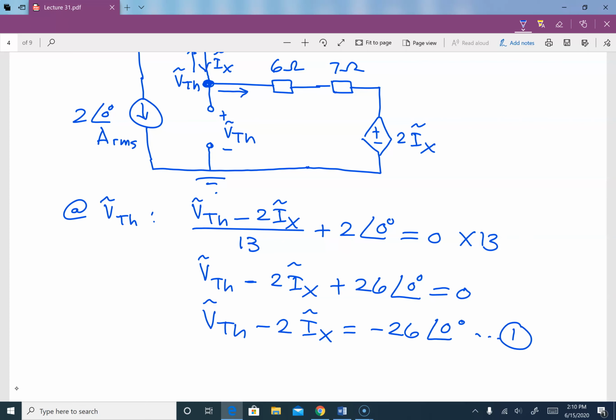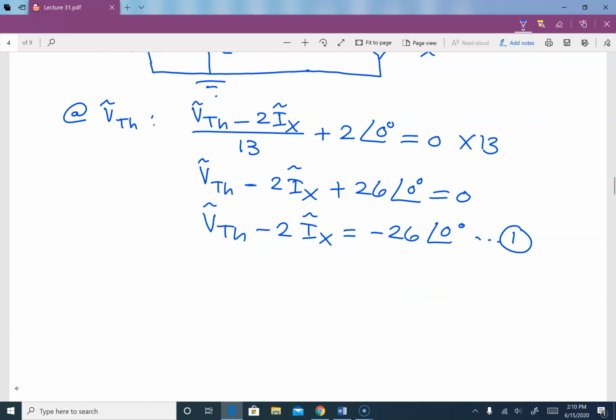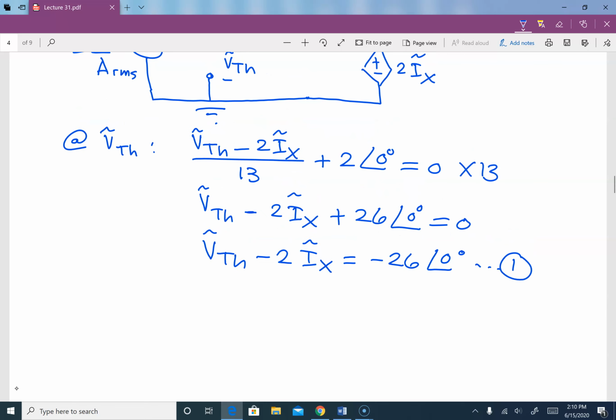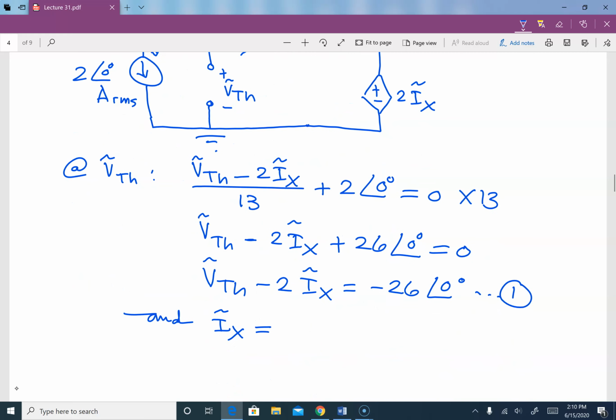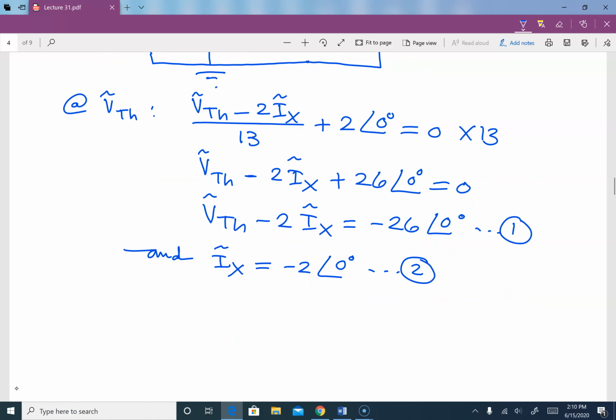And this is our first equation. So now we have one equation, but we have two unknowns. So we have to come up with our controlling variable equation, which is Ix. And Ix in this case is this, and the current flow in here is 2 ampere, in the opposite direction, so that will be negative 2 with angle 0. And this is our second equation.